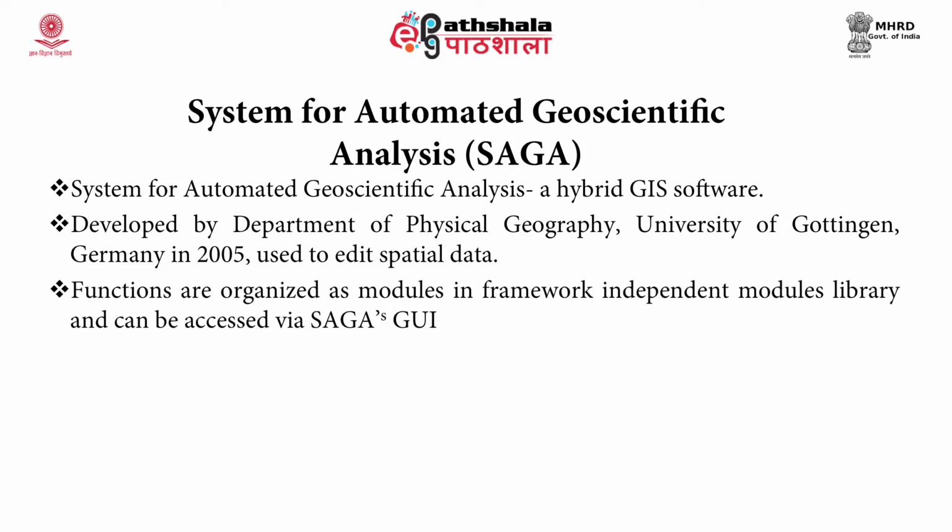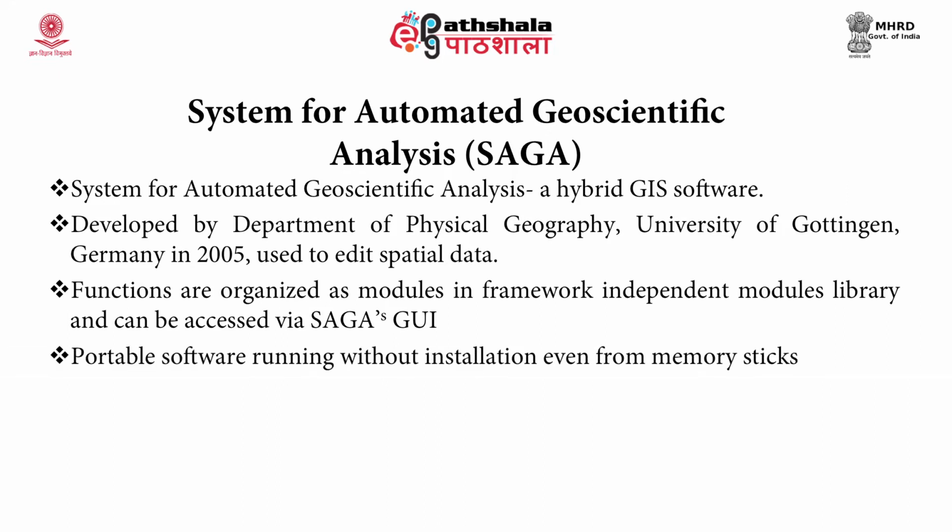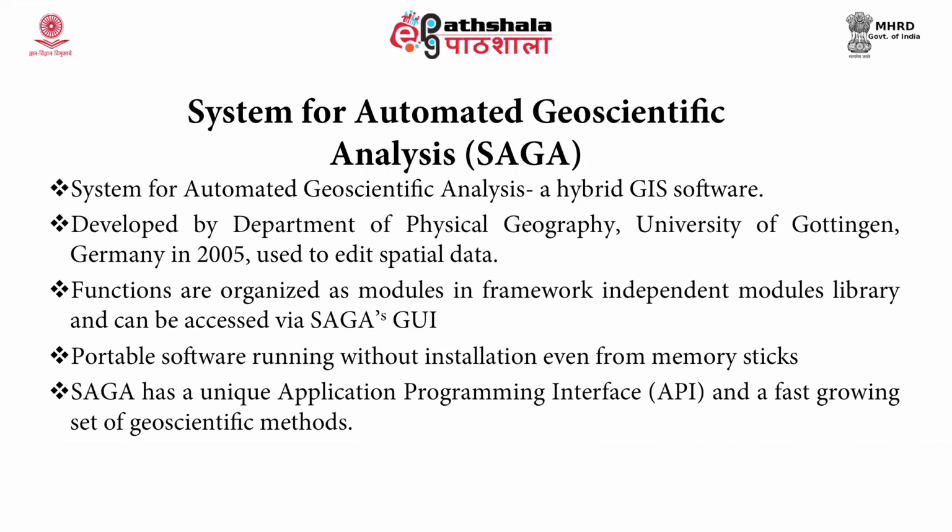Its functions are organized as modules in frameworks, independent modules library, and can be accessed via SAGA's graphical user interface. It's a portable software that can run without installation even from memory sticks. It has a unique application programming interface, that is API, and a fast growing set of geoscientific methods.